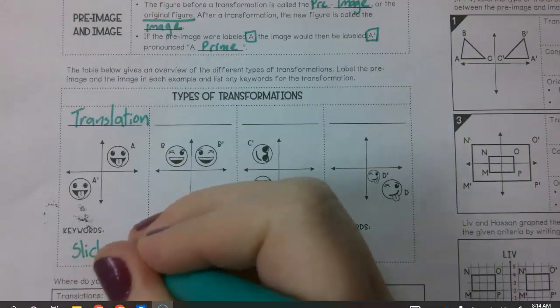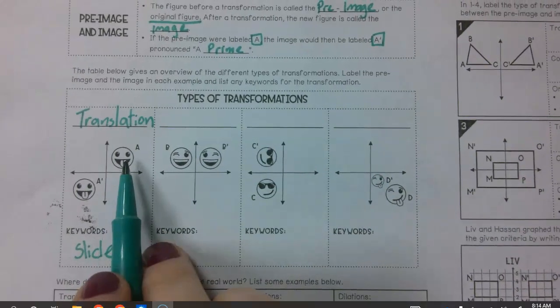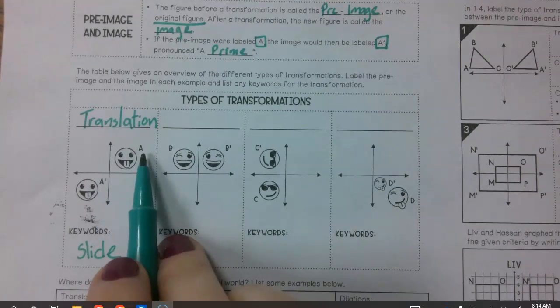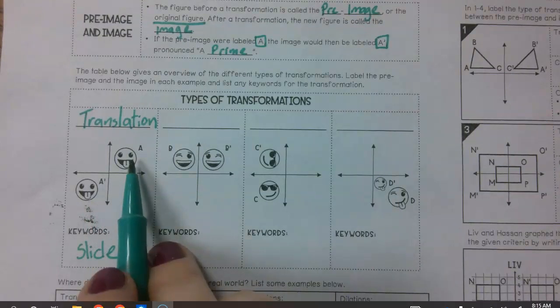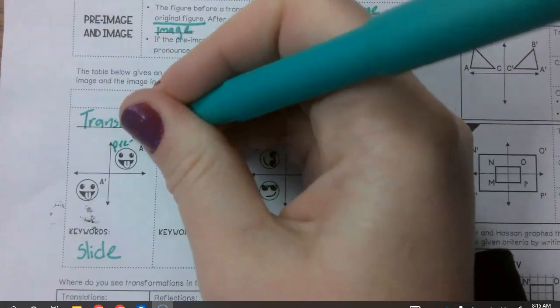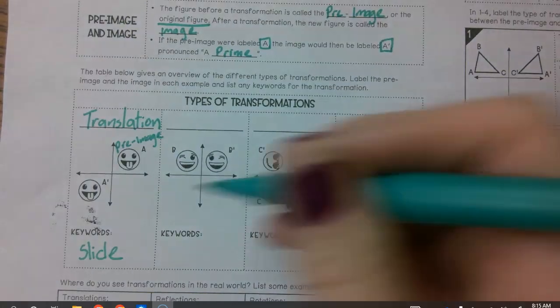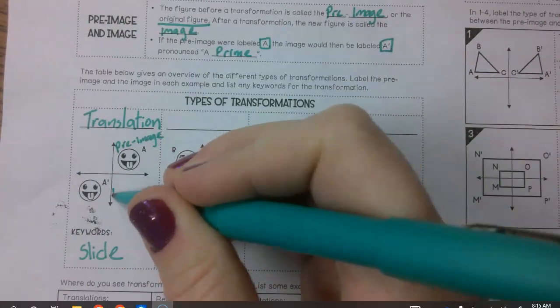Okay? So in this example, our pre-image A, see how it's got the A right next to it? And this one has the little prime symbol next to it. That means this is the original. This is the pre-image. And that means this one right here, A prime, is the image.